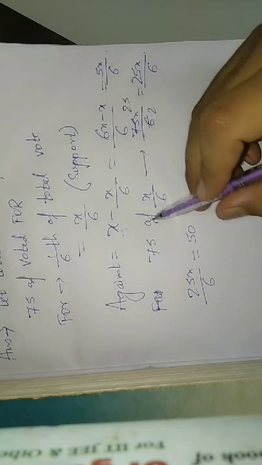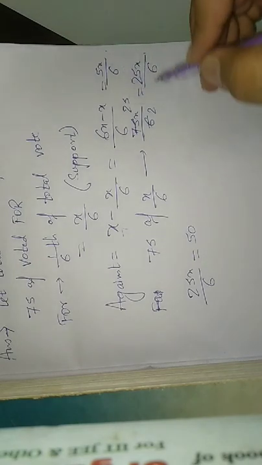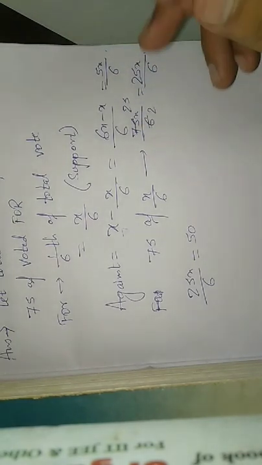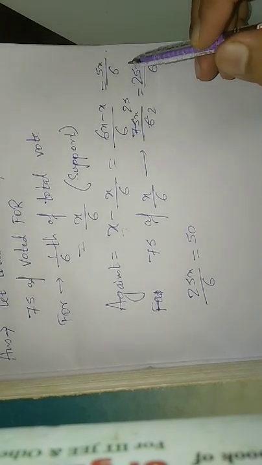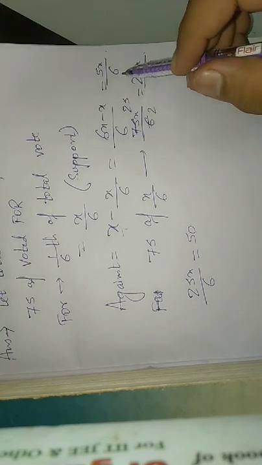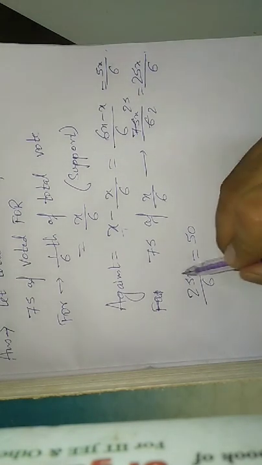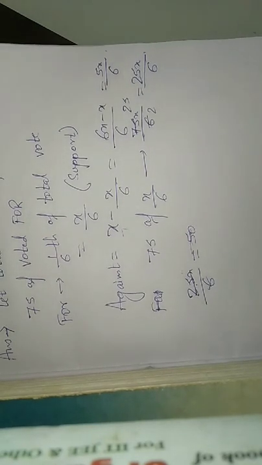Means they are telling that of these people who are voting for, if 75 people would have gone against, then the motion would have been lost by 50 votes. Means by 50 votes, the majority would not have been achieved.